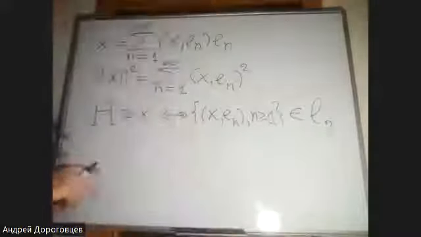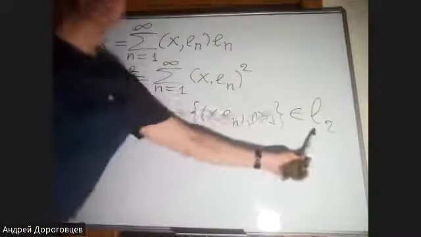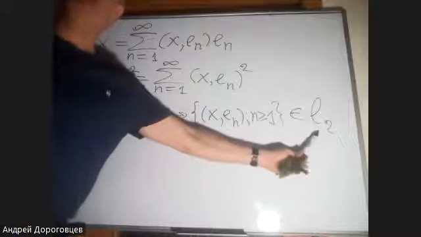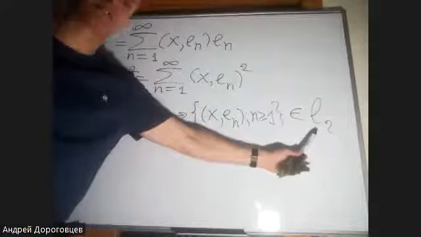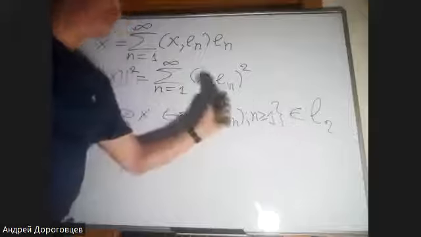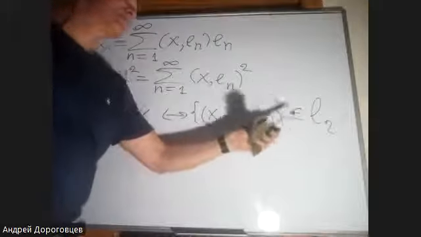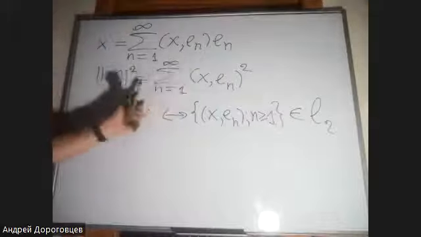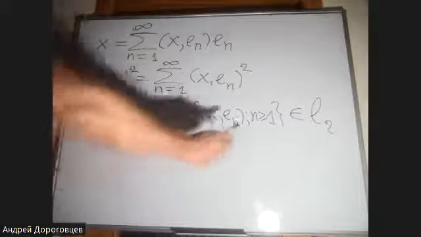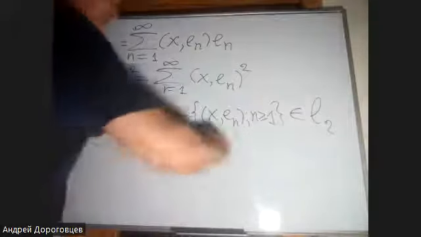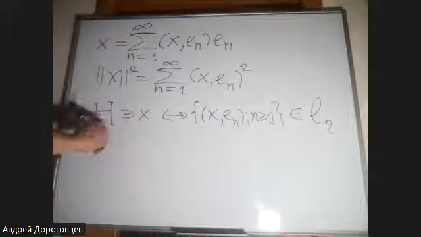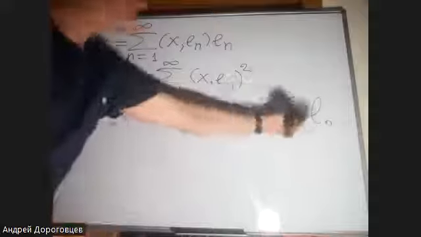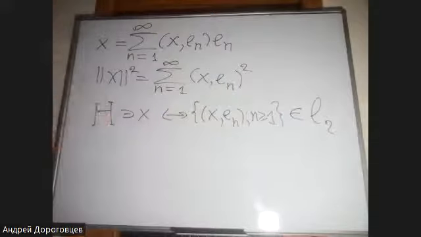I just recall to you that this is the space of all real sequences which can be summed with a square, and the corresponding norm is defined exactly like this. So we have one-to-one correspondence between x and such a sequence.